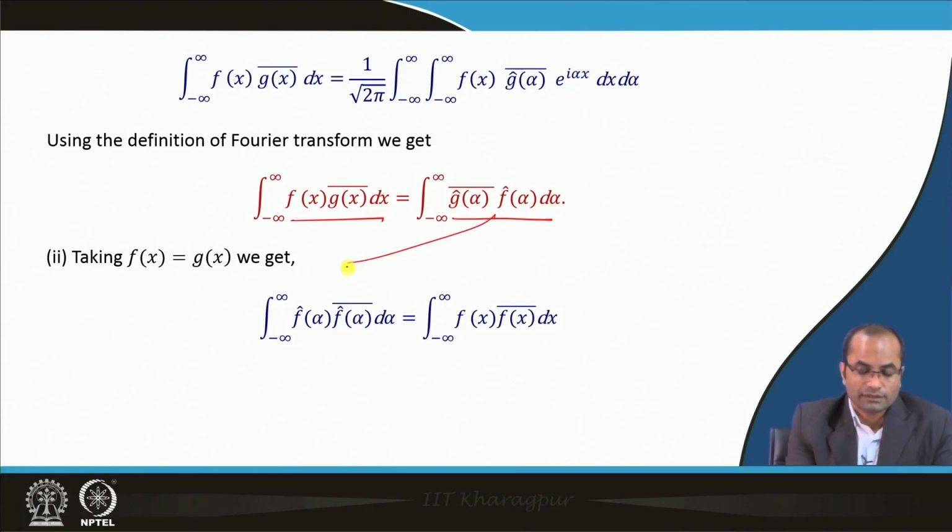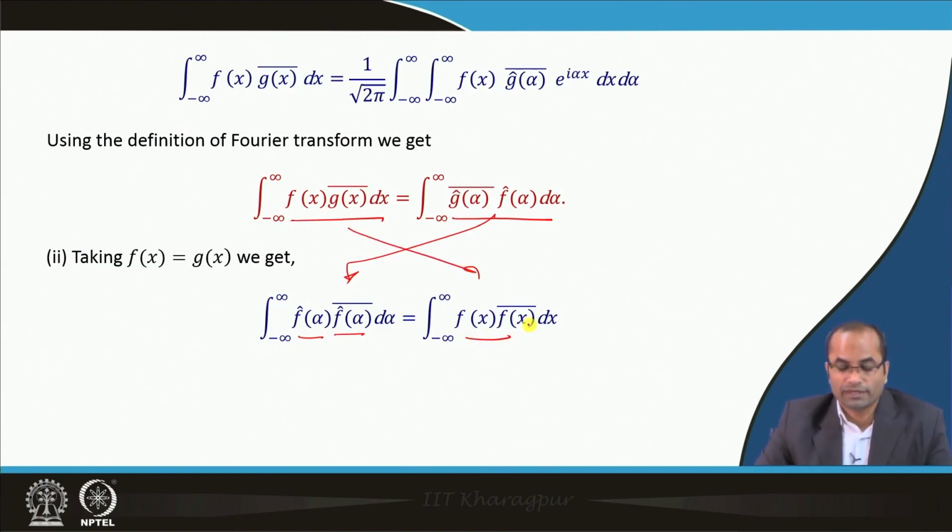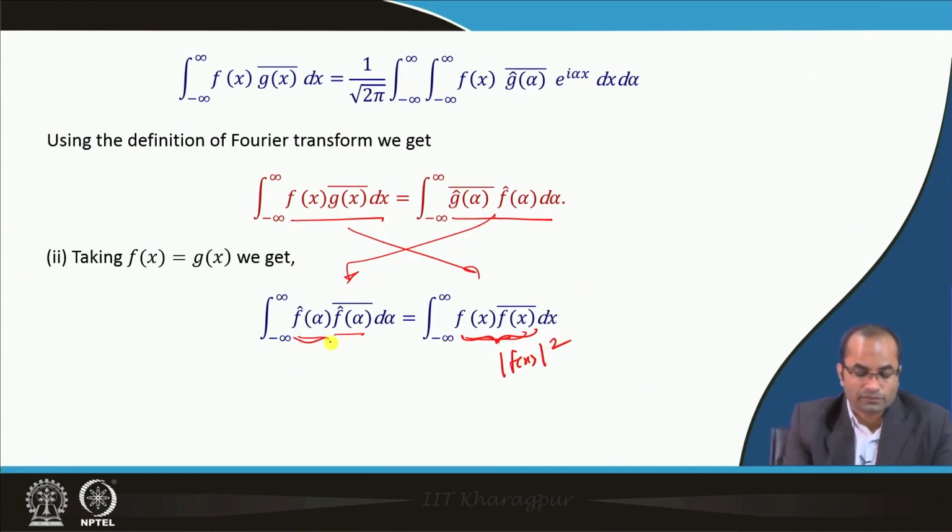So on the right hand side we have f hat(alpha) and f hat(alpha) conjugate, and on the other side we have the integral of f(x) and f(x) conjugate dx. Just recall from complex analysis that f(x) times its conjugate is nothing but the absolute value squared of f(x), and here also we have the absolute value squared of f hat(alpha).